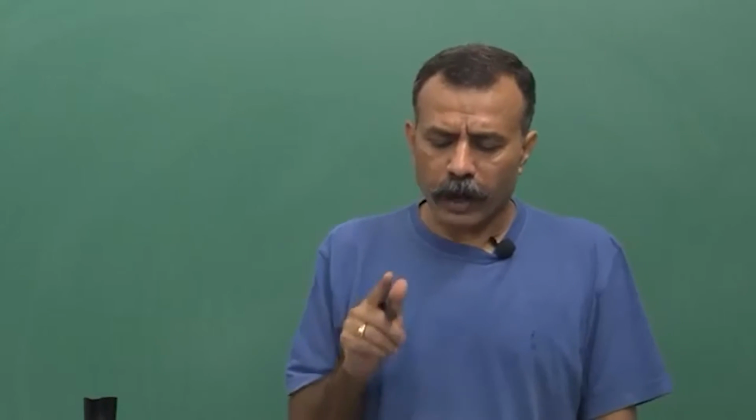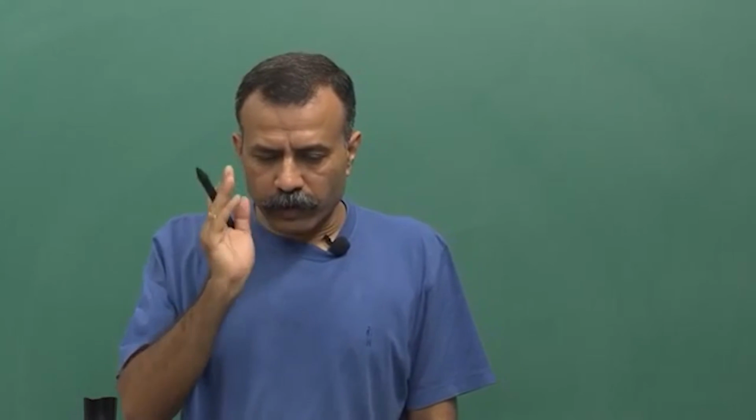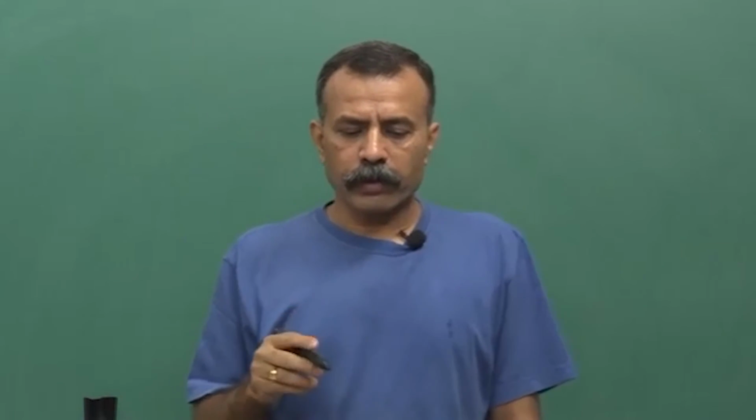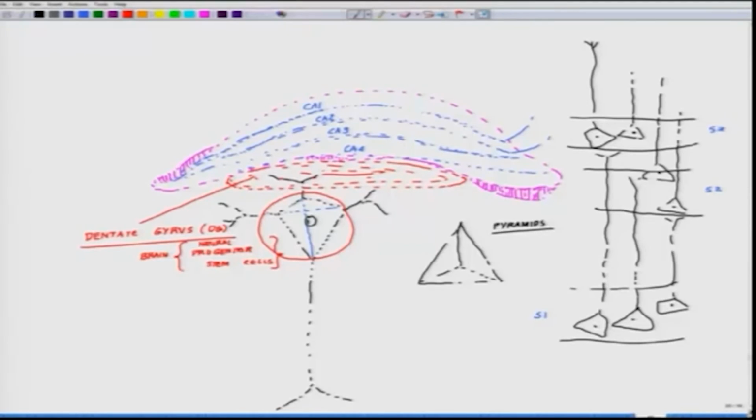But now coming back to where this whole discussion started, after giving you this anatomy, I will now move on to talk about what happens. There are three aspects we will be dealing with out here. One, we will talk about epilepsy with respect to this structure.